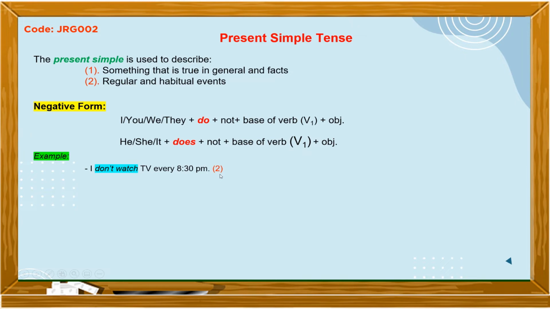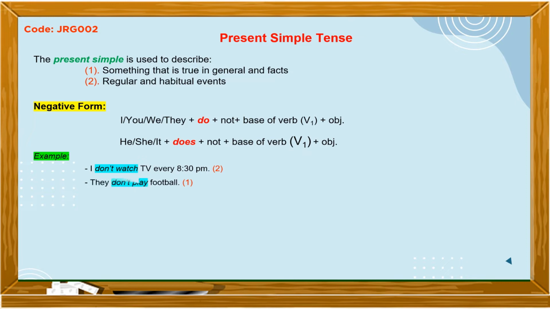I just mark number 2 here to refer to this event or this activity as a regular or habitual event. We refer to the event or the action that happens again and again. Okay, let's move to example number 2, everybody.